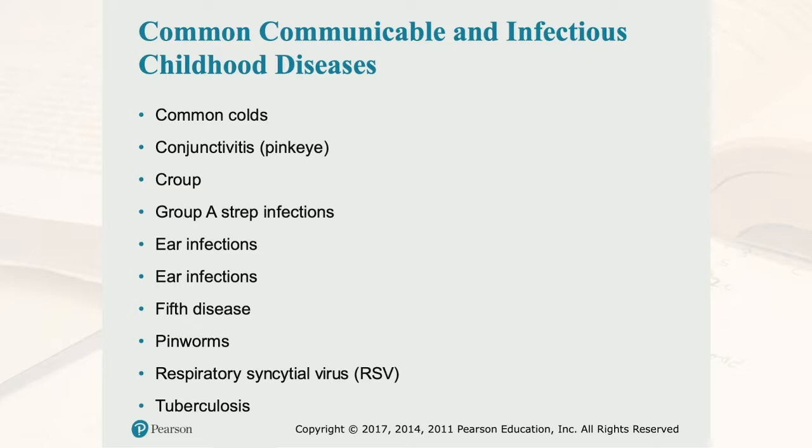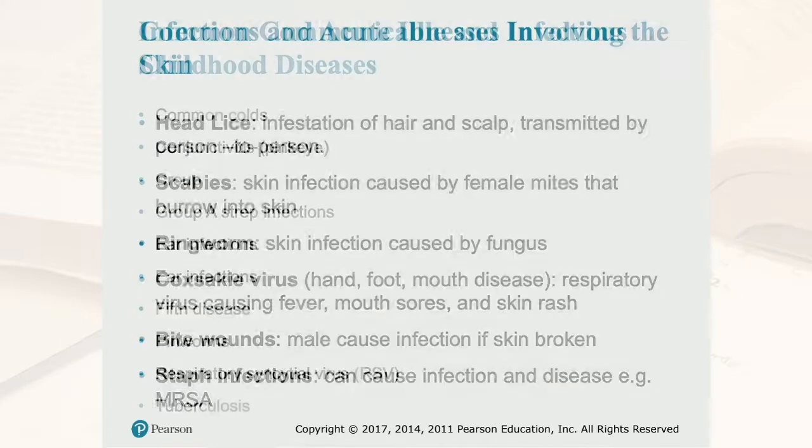Strep A infections like strep throat, ear infections, fifth disease, often referred to as slap cheek because a big red rash appears on your face, and it might look like a slap mark. Pinworms, RSV is usually very common in the winter months, which is a respiratory infection, and TB.